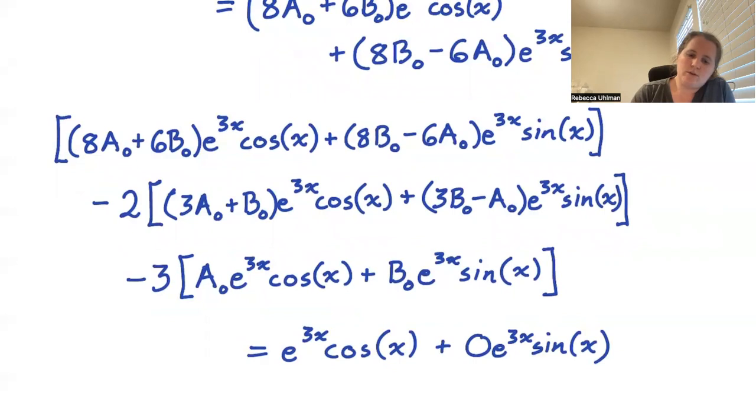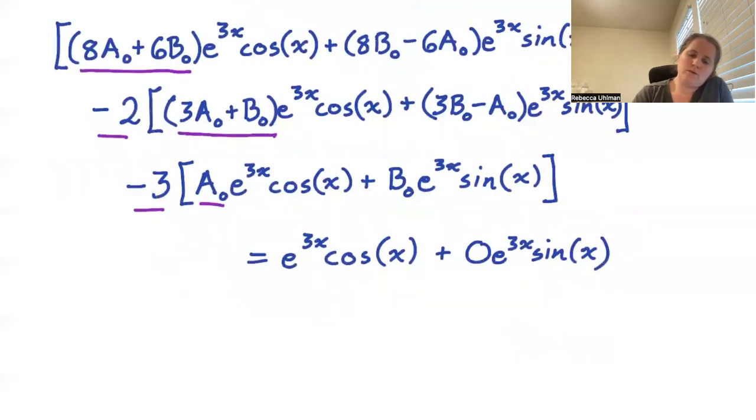So in terms of cosine coefficients, we have an 8a0 plus 6b0, and then we have a minus 2 times 3a0 plus b0, and a negative 3 times a0. So focusing on cosine, we're focusing on e to the 3x cosine x.